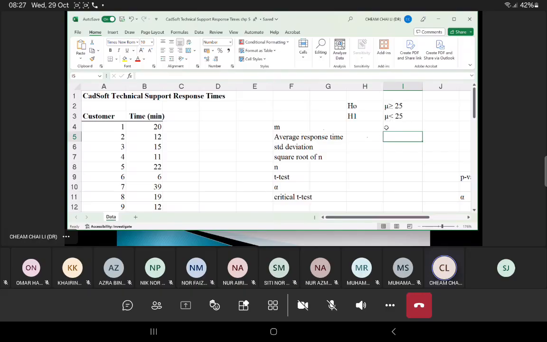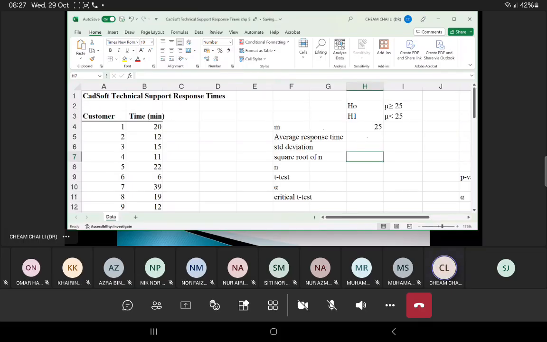So yang ni adalah kita dapat daripada scenario kita punya PowerPoint, right? Now we need to calculate these few things. First the mu. Mu is population mean. You can get it from the scenario. It is 25 minutes, so you just write 25 minutes.